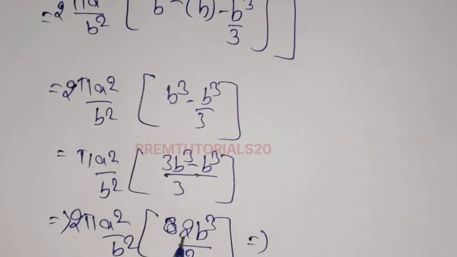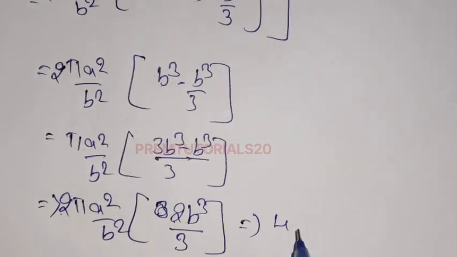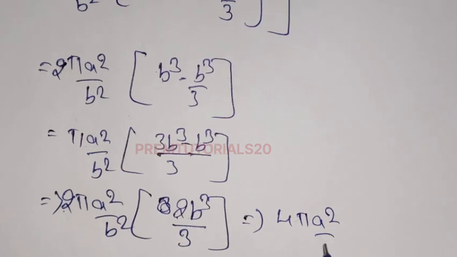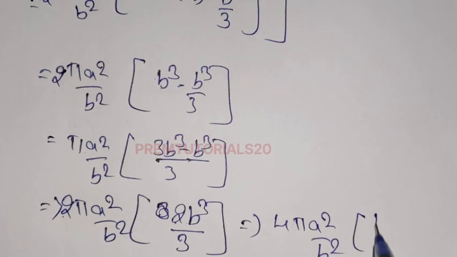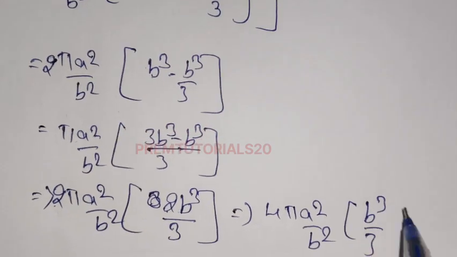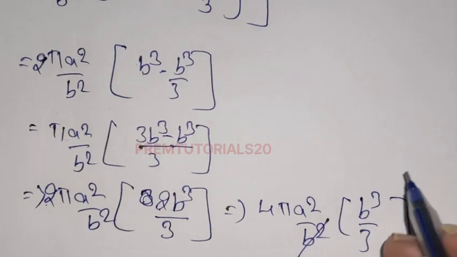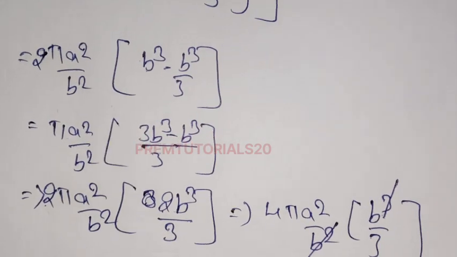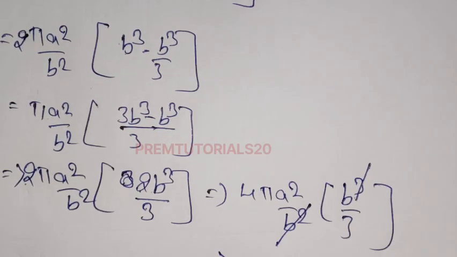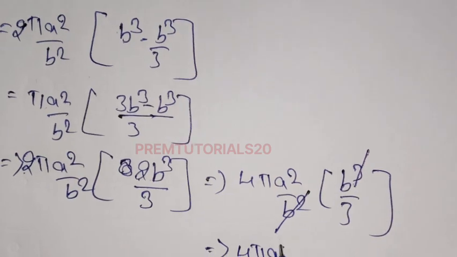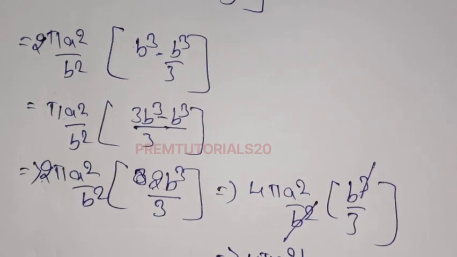Now 2 times 2 is 4, pi a square by b square, b cube by 3. Cancelling b square, what remains is pi a square b by 3.